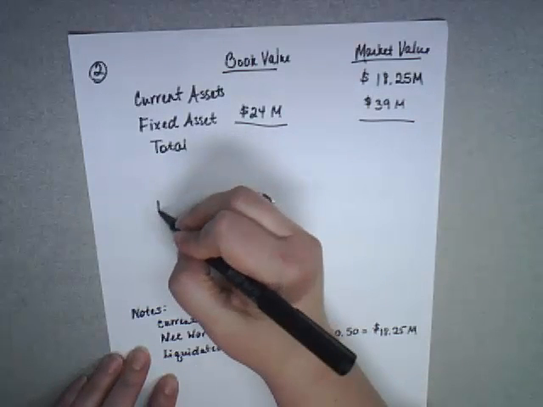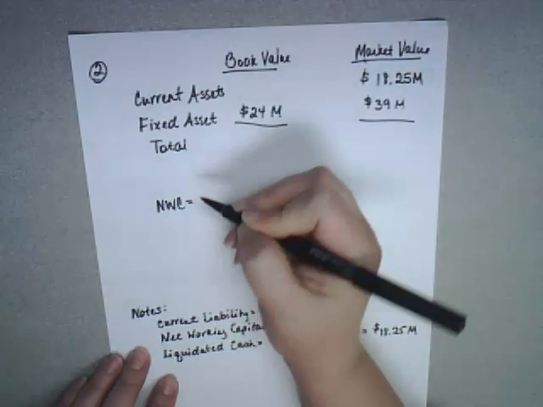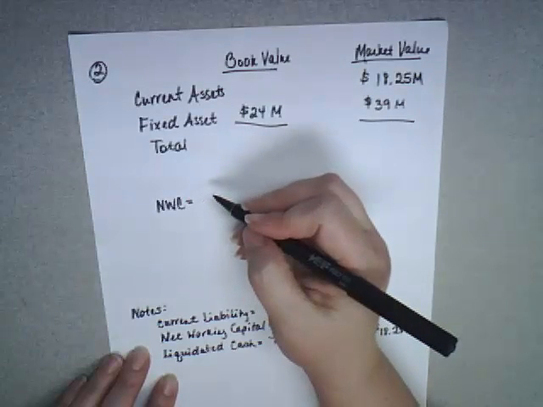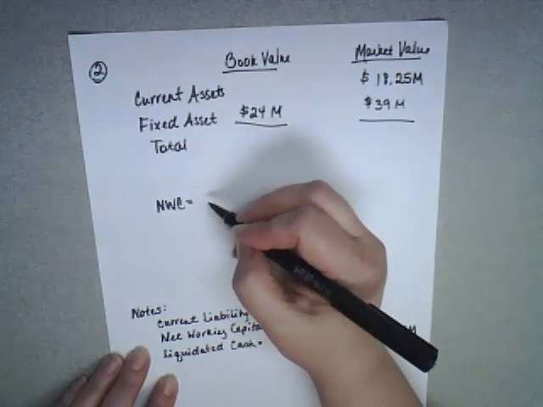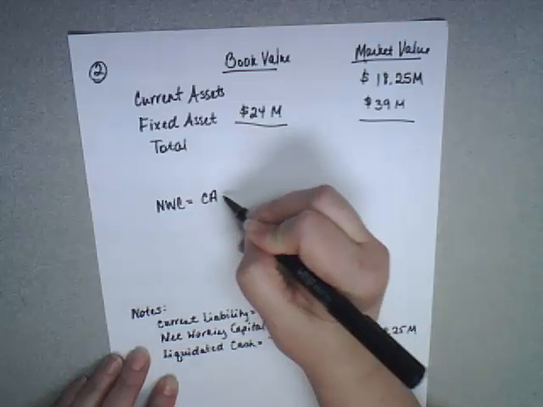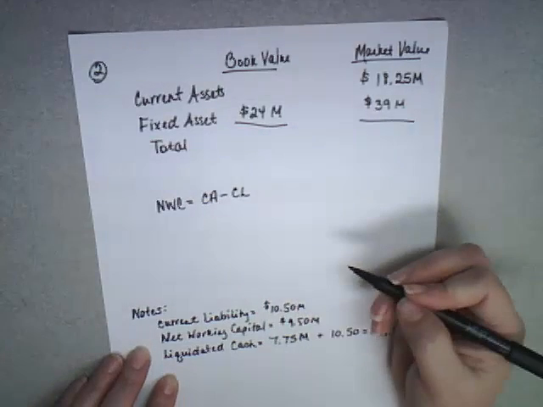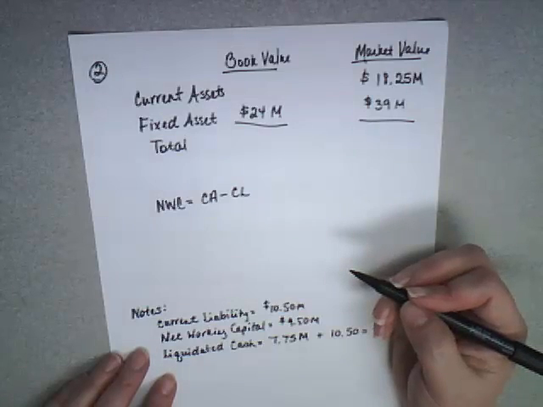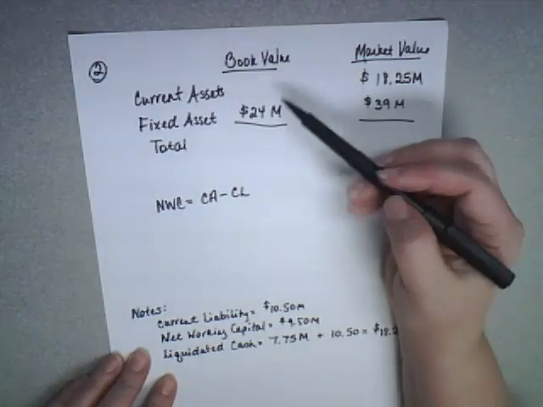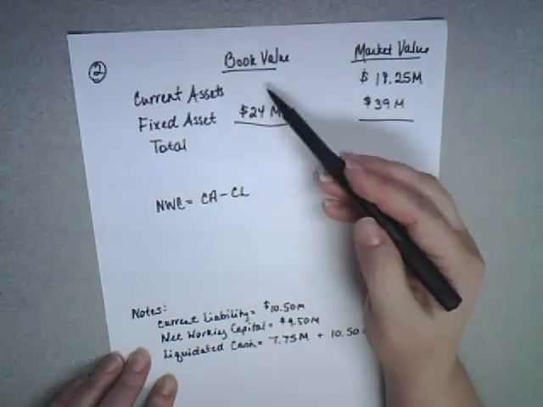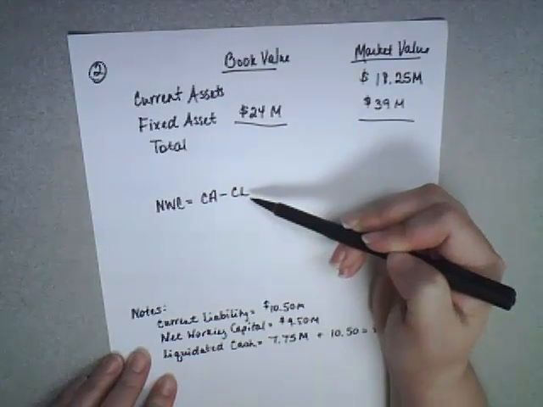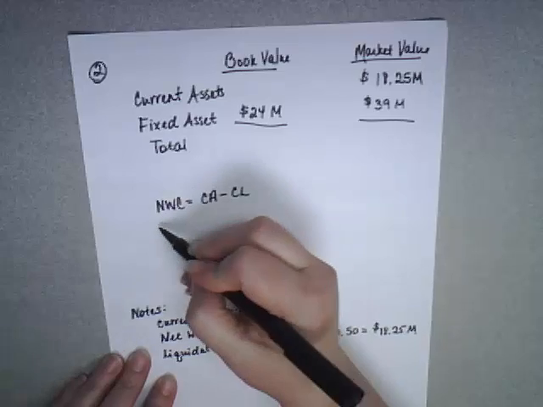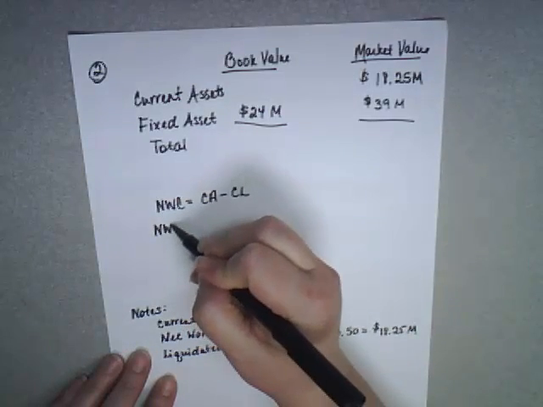But let's look at it as a manipulation of net working capital. If we go back and look at the net working capital equation, net working capital is equal to current assets minus current liabilities. So if we want to figure out what the current assets are by manipulating this formula, we would have to switch it around a little bit.